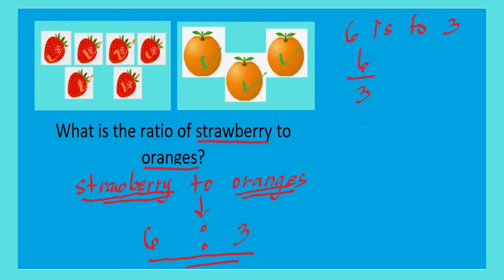Okay, and we are going to focus on this when we are dealing with ratio. Why? Because we already have knowledge about fractions, and we are going to simplify if necessary.